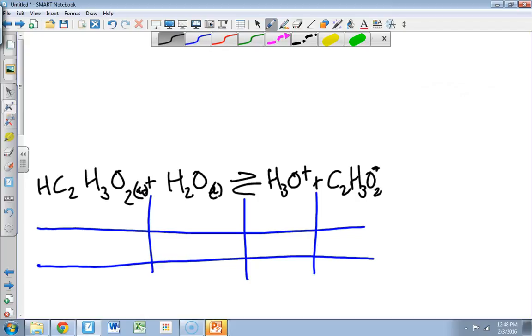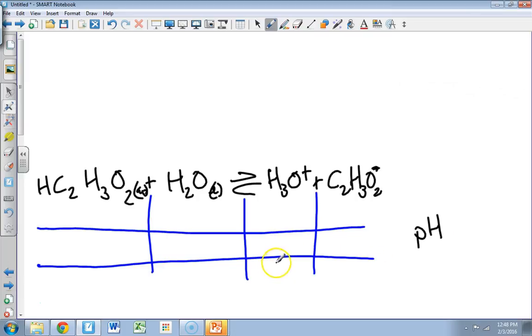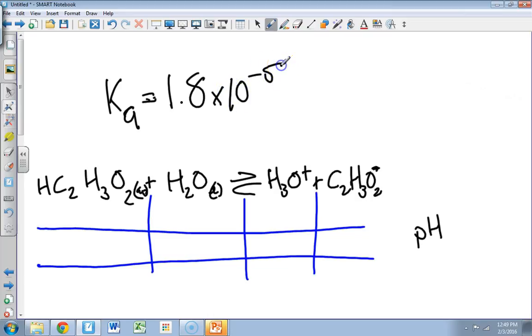Now, the question asked for the pH, so we need to get the equilibrium concentration of hydronium ion and then calculate the pH. We were given that the Ka equals 1.8 times 10 to the minus 5, and we were also given that the initial concentration is 0.3.